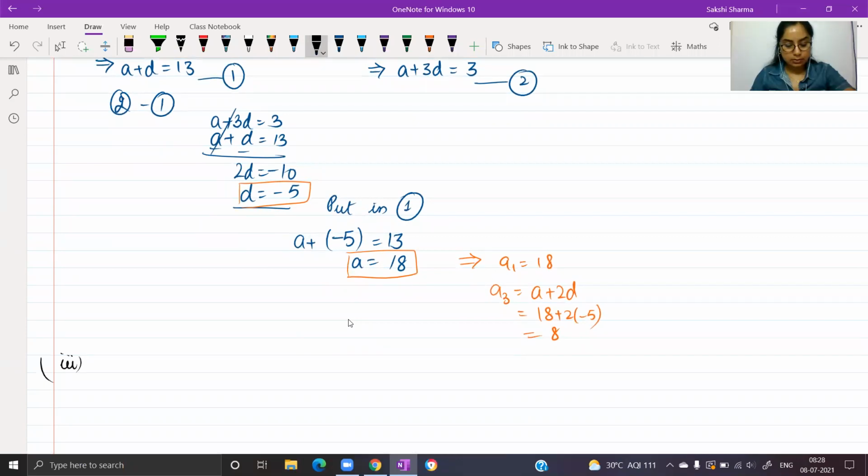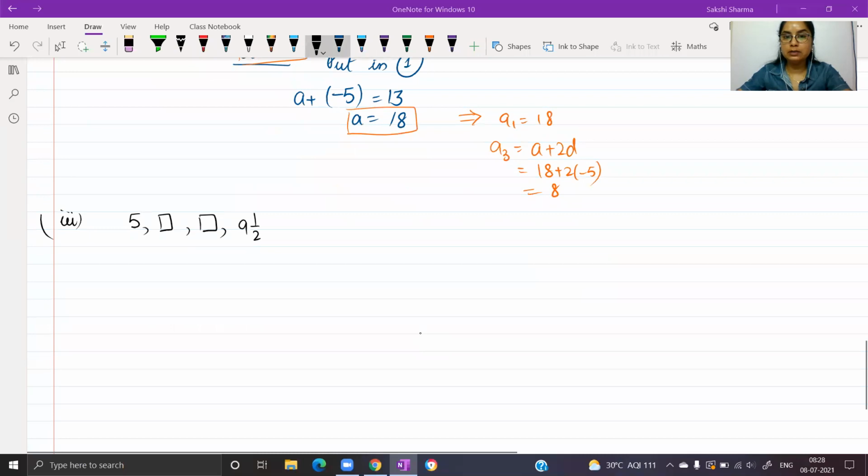Third part, we have first term, second, third term are missing. Fourth term is 9.5. Okay, let's apply the formula.